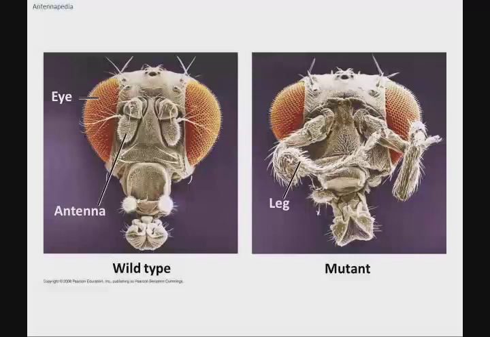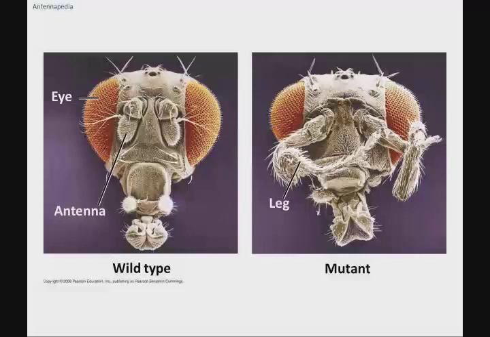So this shows you that when you get a mutation high enough in the hierarchy of gene developmental control, that gene says we're supposed to be legs, and it sends a cascading effect down to all those cells to form legs, and that's what they do. And so you get legs on this fruit fly coming out of its face.